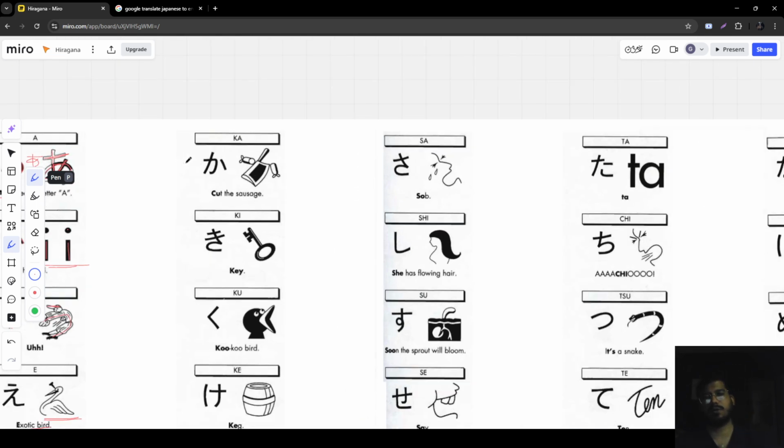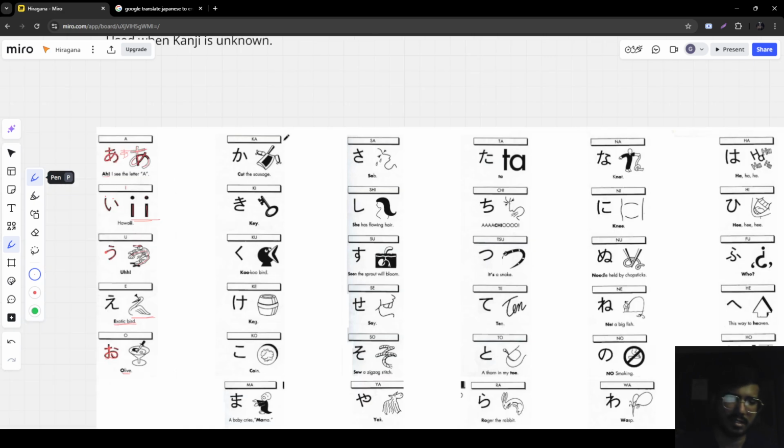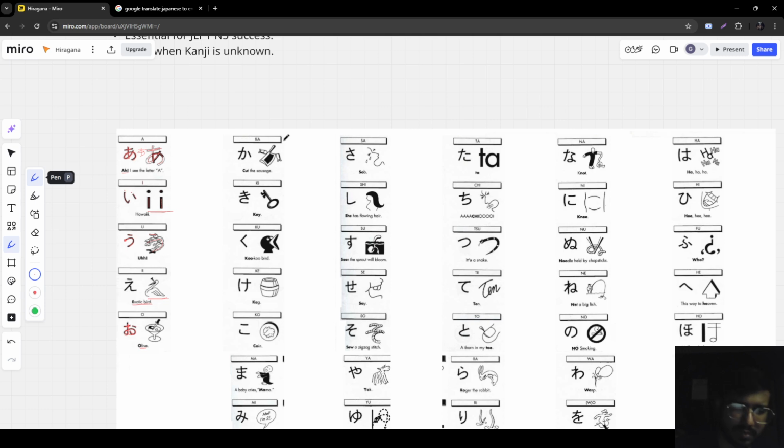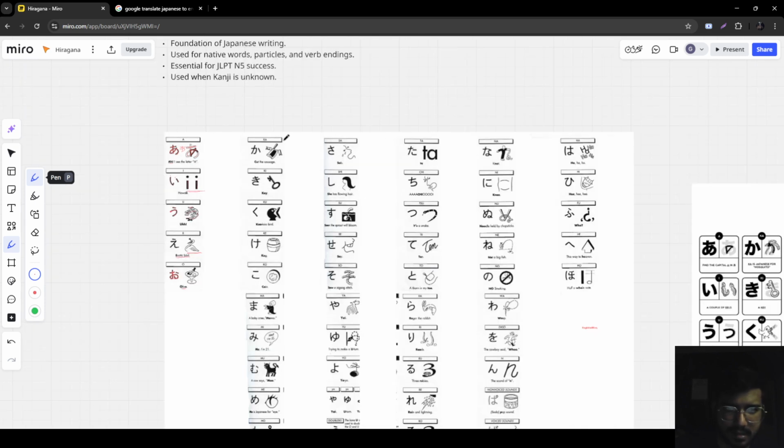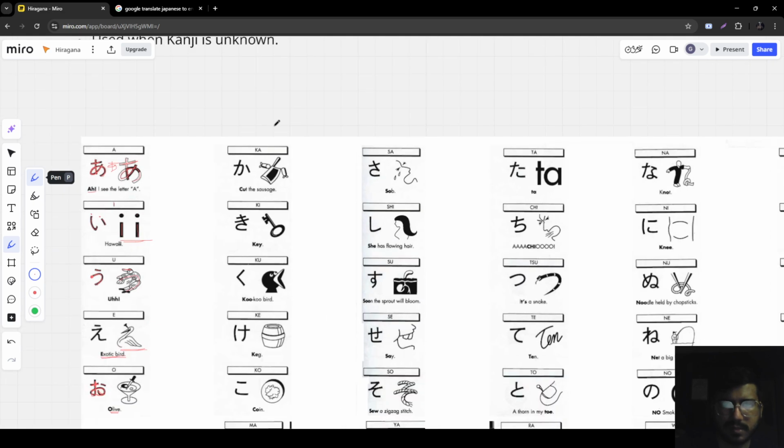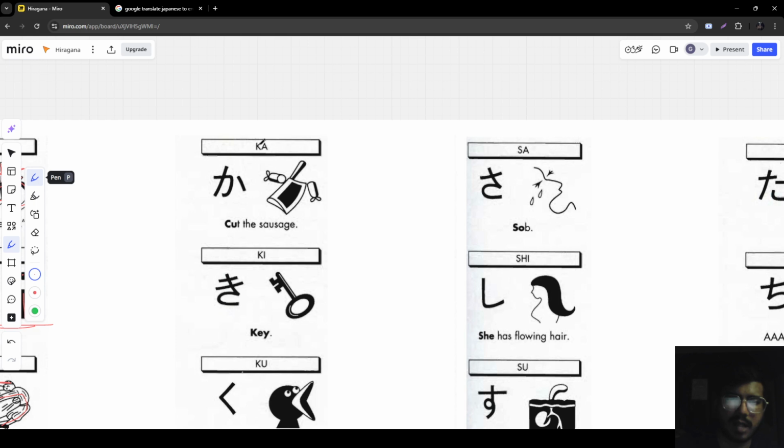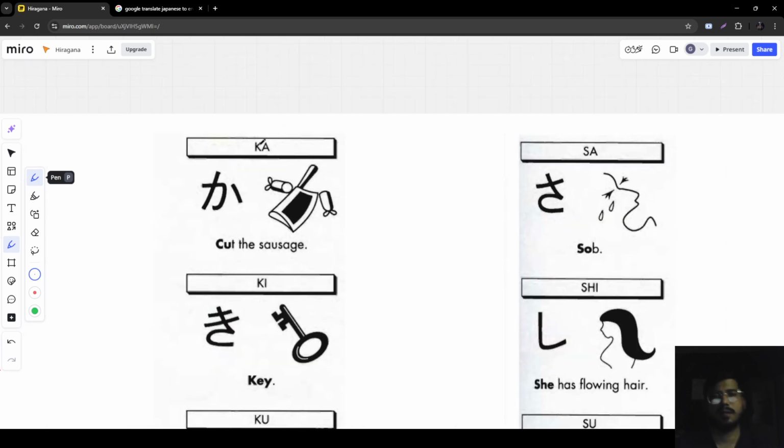So these are called consonants, same as the English language or Hindi language. More similar to the Hindi language, Hindi, Marathi, Tamil, the Indian languages. Like even in Hindi, I think we have ka, ki, ku, ke, ko, right? Similarly, this is ka.